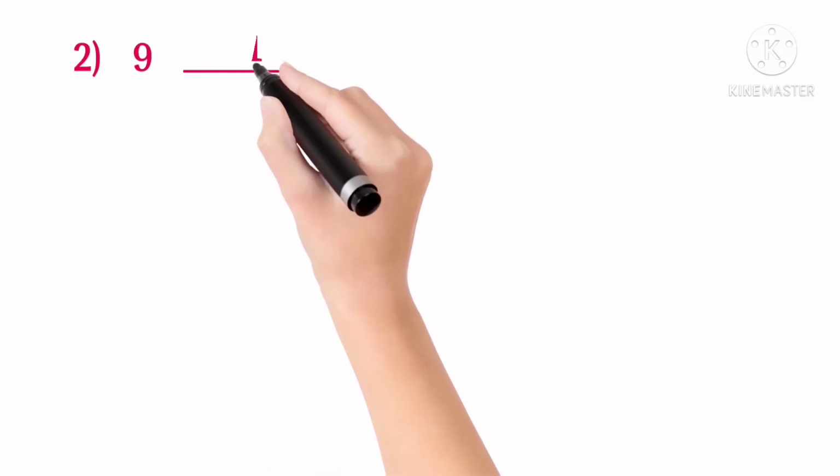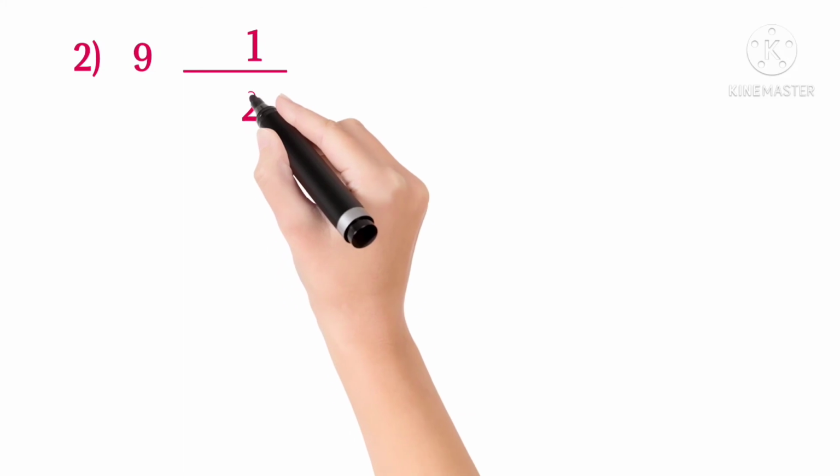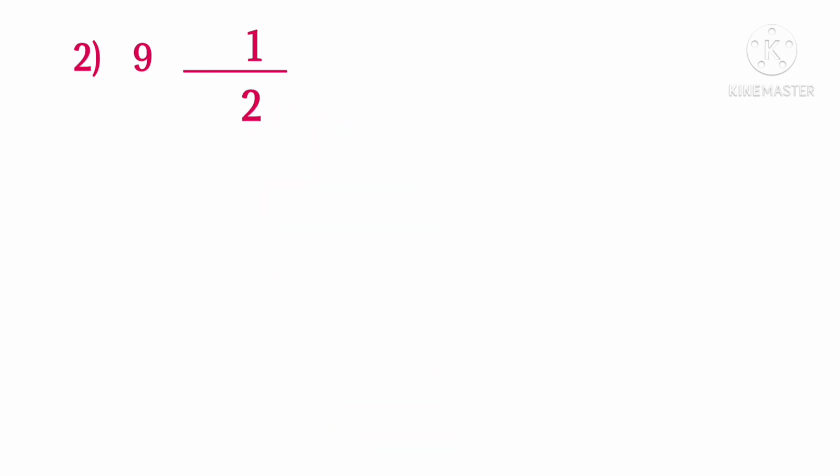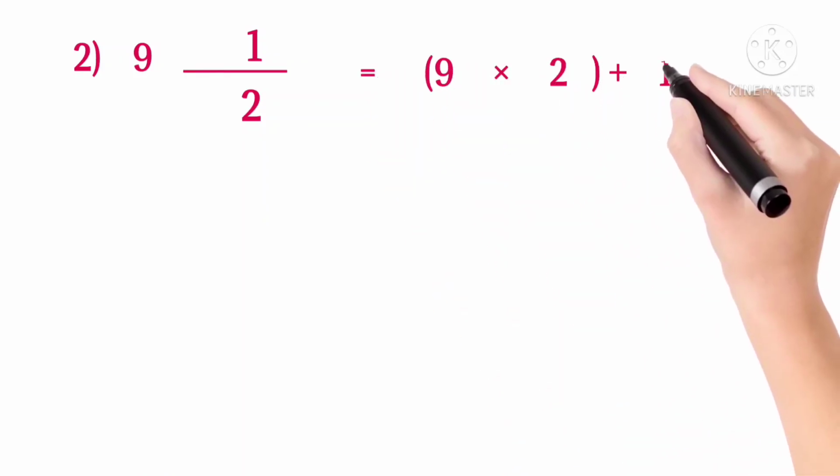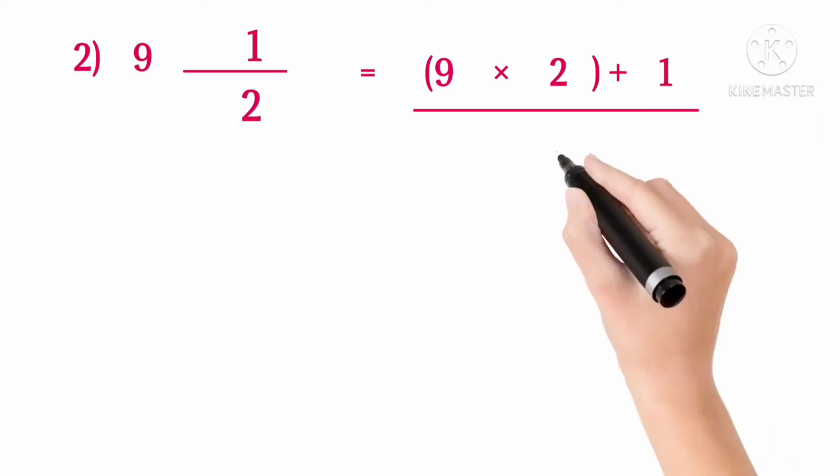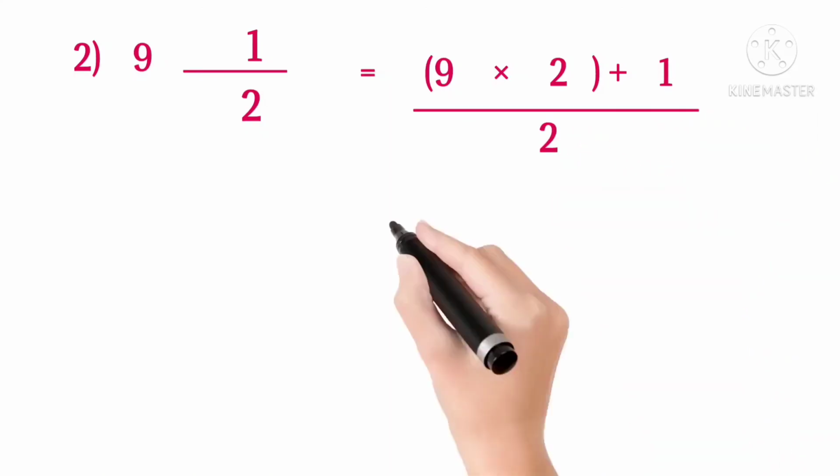Second, 9 and 1 by 2. First, multiply the whole number by the denominator. Then add the answer to the numerator, by 2. Here 9 is the whole number, 2 is the denominator and 1 is the numerator.